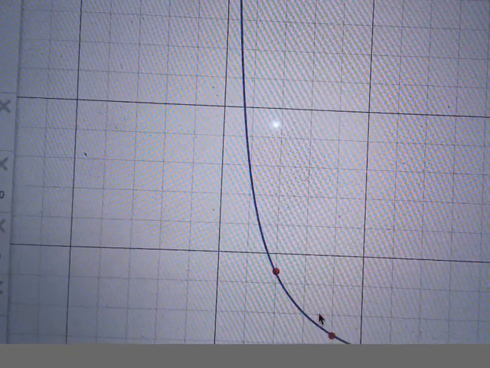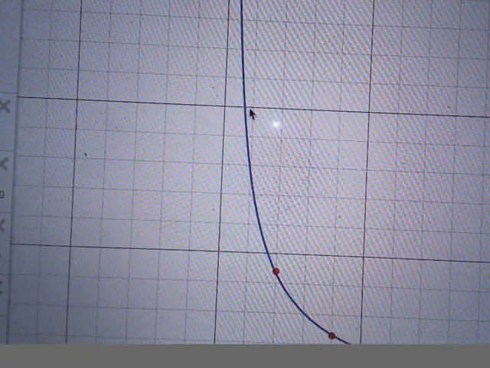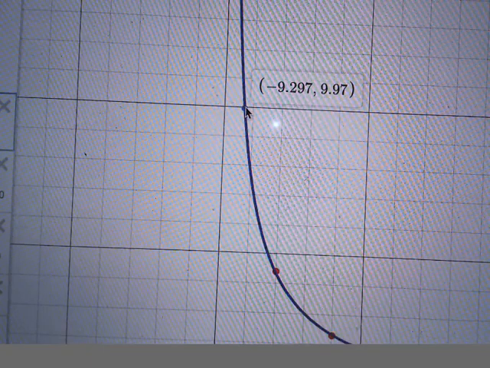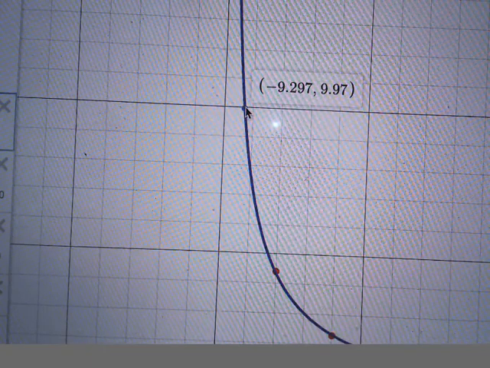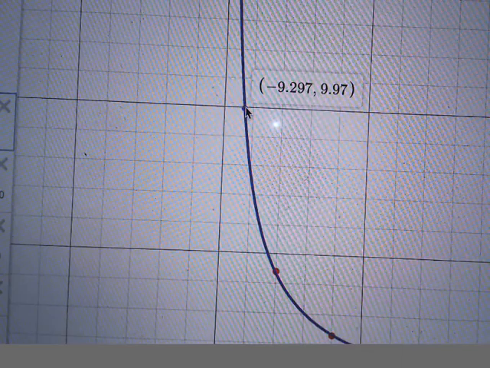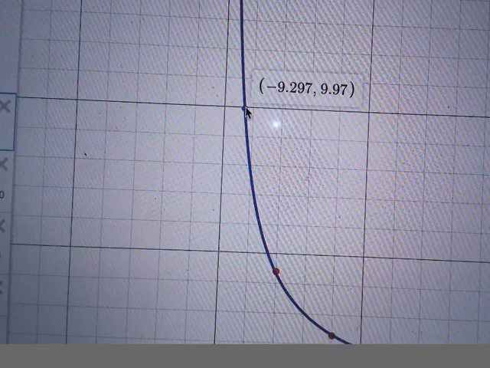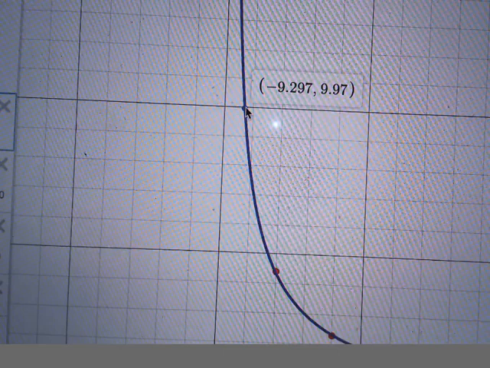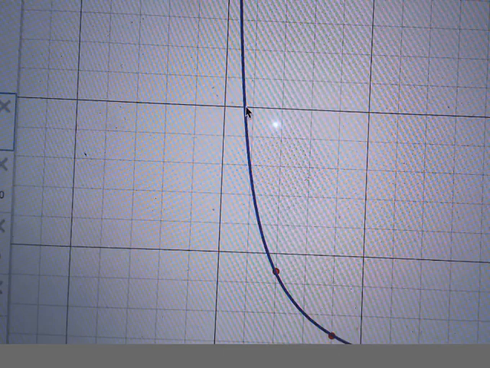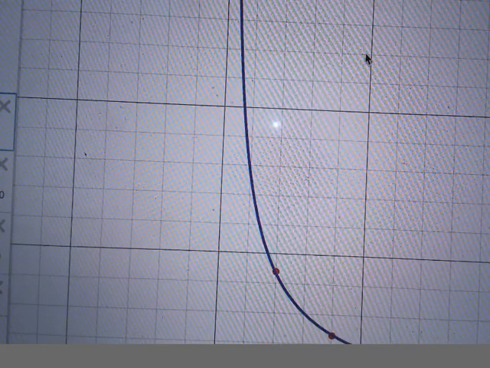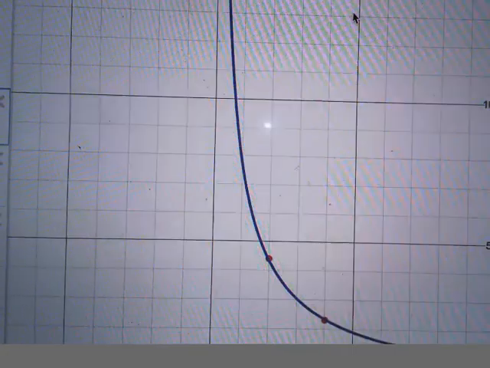I want to see where the curve is 10, and so I'm clicking there, and it says about -9.3 feet into the room is where it will have a Gauss reading of 10. Now I think they had -9.1 feet on the way they did it.